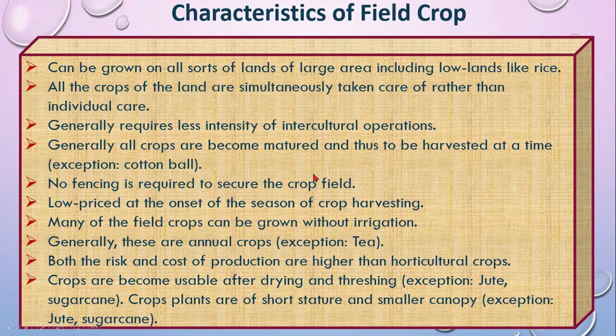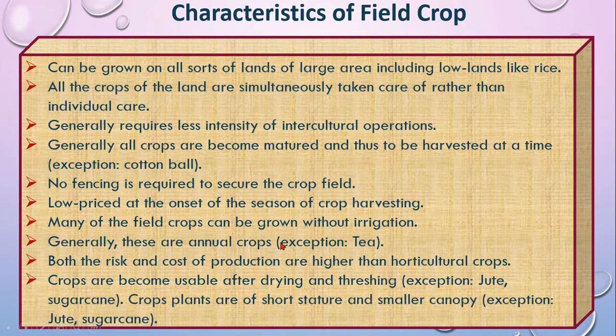That means we don't need interculture or culture operation to be very focused or very intensive. That means we cultivate all together with little bit less amount of intensive care. And generally all crops mature and are harvested at a time, except cotton, like in a rice field. When all the rice is matured, then you collect the rice all together.